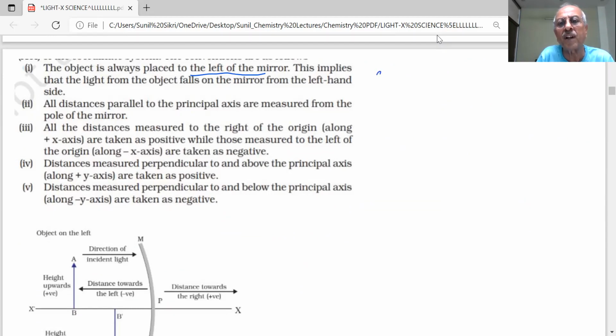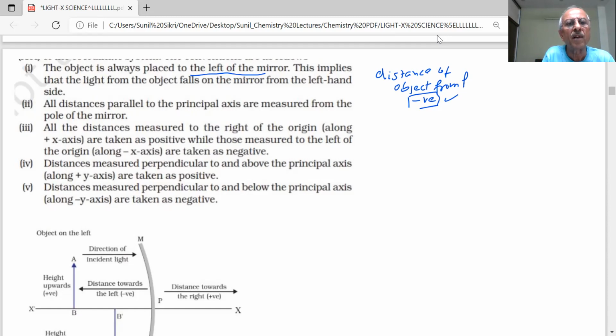Then what will be the distance of the object from the pole, negative or positive? Because the object is placed to the left. When you move to the left, it will always be a negative sign. Yes or no? Clear?